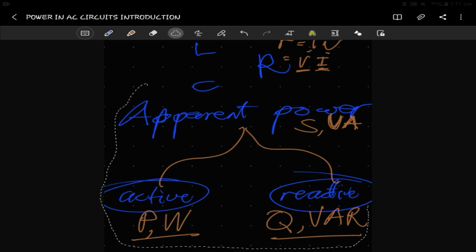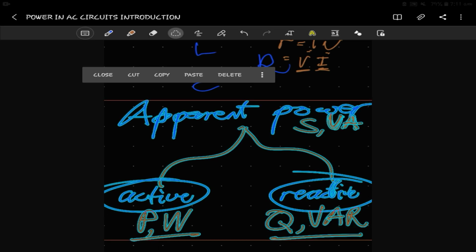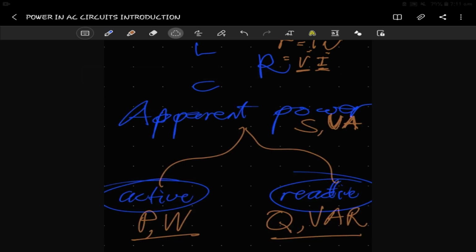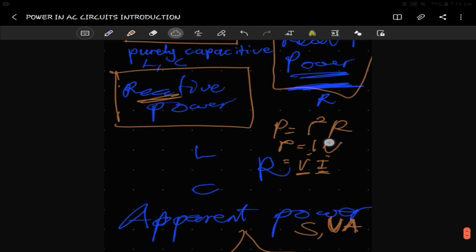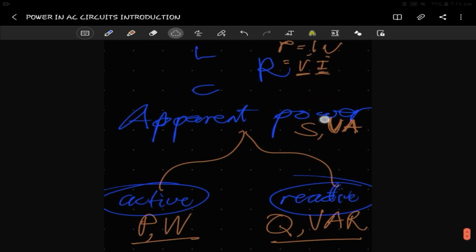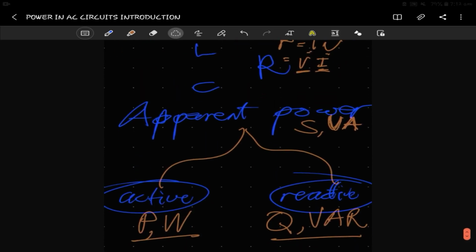We know that the true power and the reactive power are all parts of the apparent power. That happens when we have a circuit that has both a resistor and an inductor, or a resistor and a capacitor, or all three.